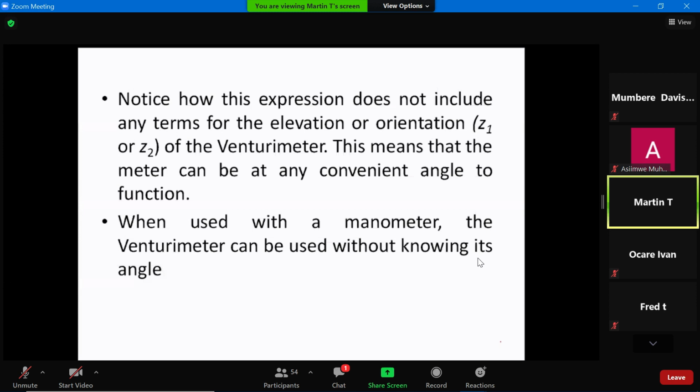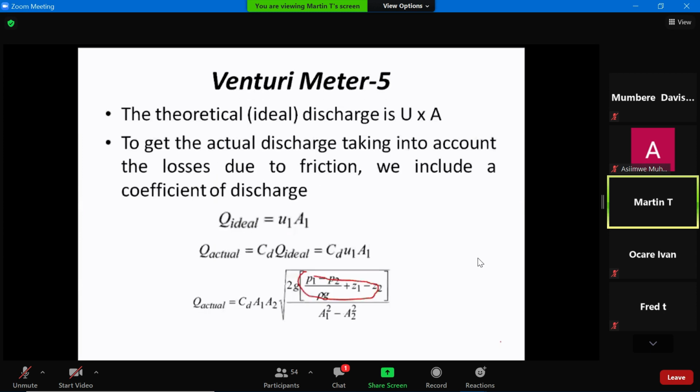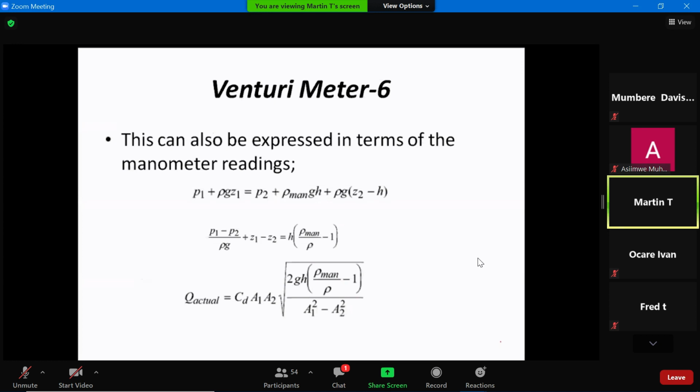But you don't need to know the angle if you use a manometer, because in this calculation you only need the height difference in the limbs, the density of the manometric fluid, the density of the fluid whose discharge you're determining, and the cross-sectional areas. The rest of the geometry is not necessary.